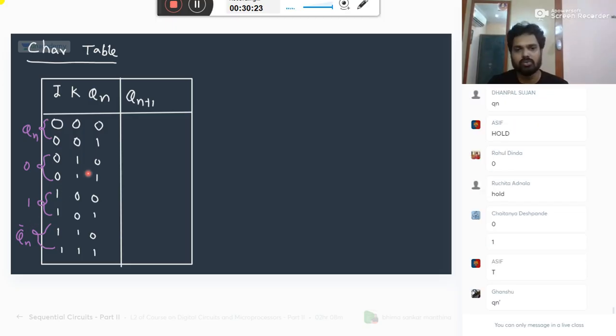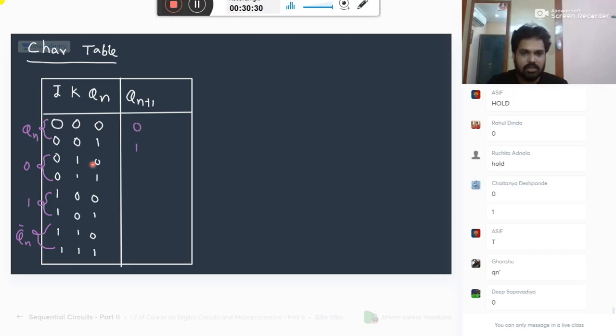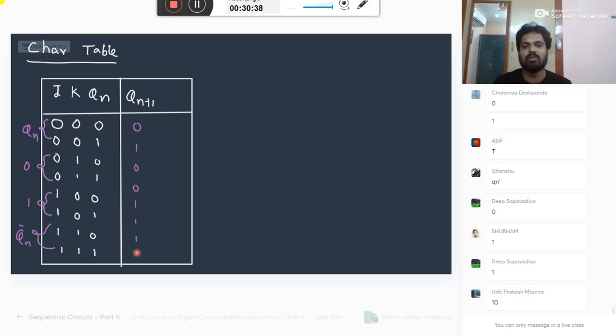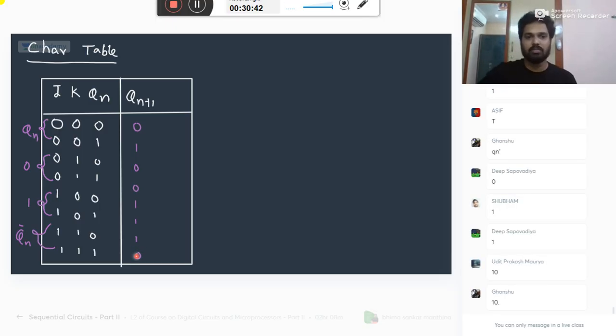Okay, you just use that and write the answer here. Previous value is 0, 1. Here it is 0. Here it is 1, irrespective of previous value. Here it is previous bar. Previously 0, you get 1. Previously 1, you get 0. That will make your table complete.